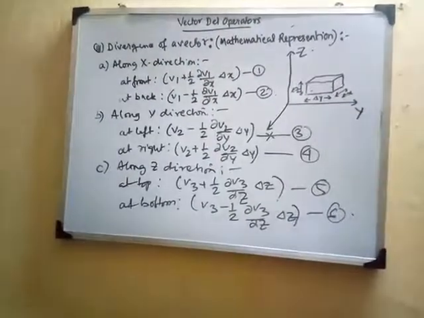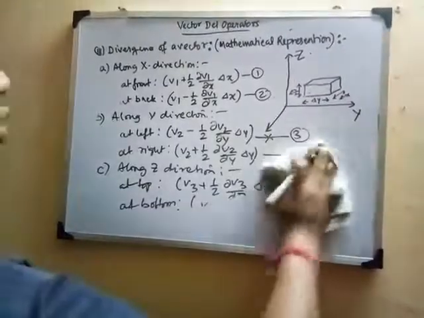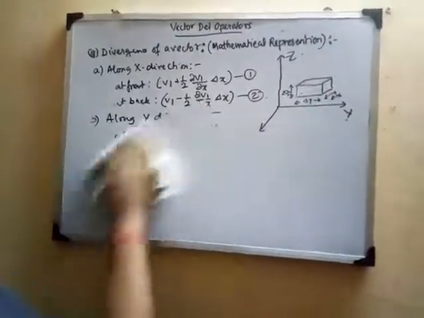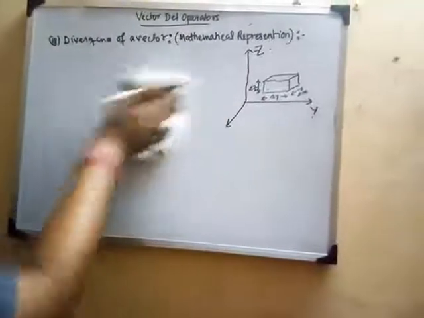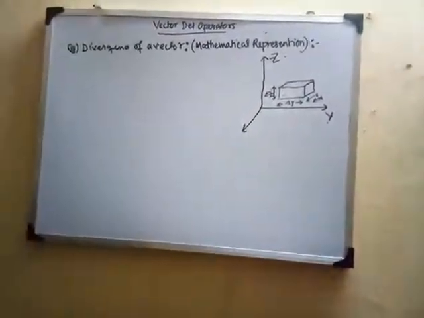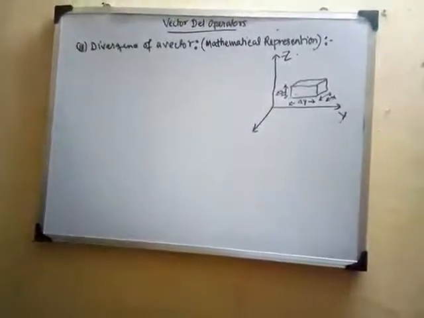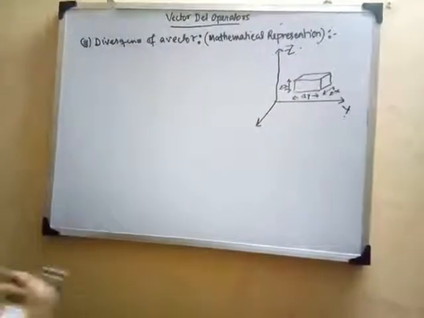Now we will simply use these equations to find the net outward flux through the three coordinate surfaces, x, y and z.